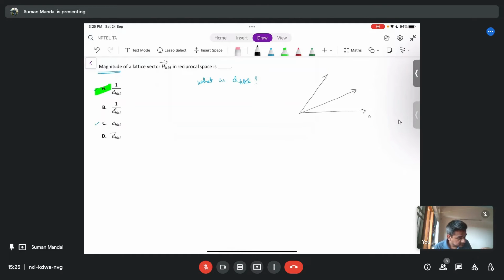Let them be the unit vectors a1, a2, a3. So these are unit vectors. And if we have a plane HKL, basically H, K, and L are Miller indices.